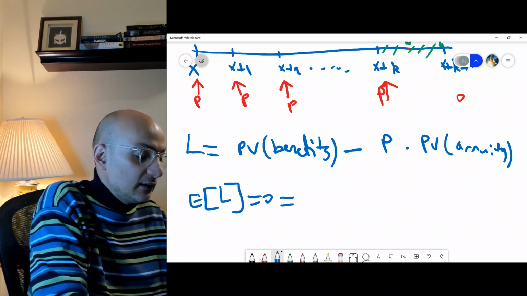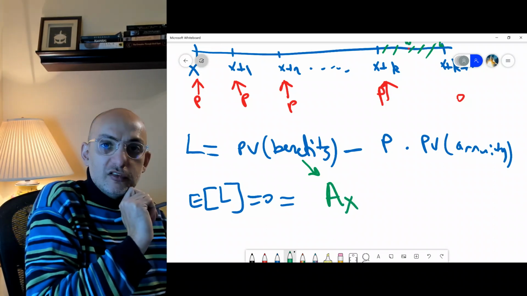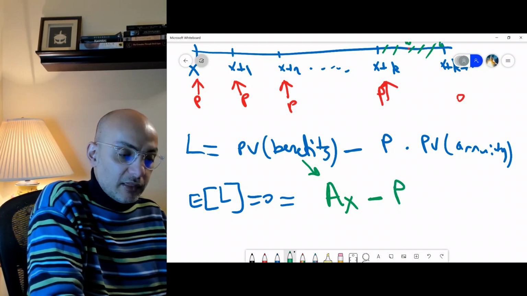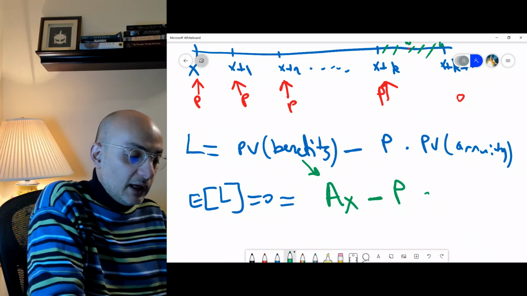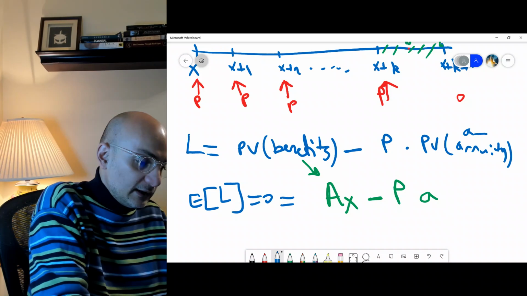If you do that, then this one will become A_x. There is no bar here, right? Because it's discrete at the end of the year. You subtract from it P, the same capital P, the premium, now multiplied by the life annuity, the expected value of the present value of annuity. It becomes like the annuity here, it was the annuity certain for K plus 1.